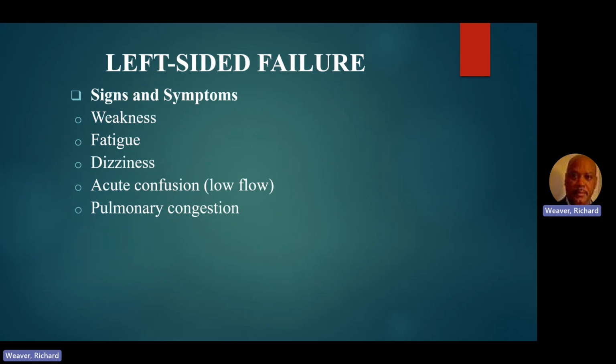There's also pulmonary congestion, where volume is backing up into the lungs. There's breathlessness, because when the patient lies down especially, fluid mobilizes from the interstitium back into the vasculature, and this blood rushes back to the heart, which is that preload, and it overwhelms the heart, causing breathlessness.